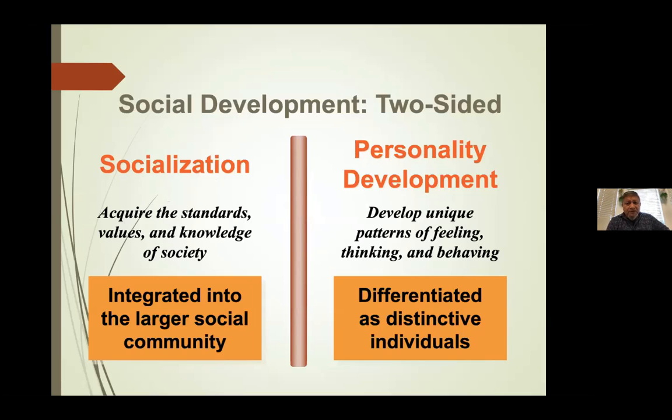But it also has a social component. And the social component has to do with acquired standards, values, and knowledge of a society and integrating into a larger society, a social community. So at the end of the day, what we want is to be part of a community, right? But then there is also the personality component, the development of unique patterns of feelings, thinking, and behavior, right? Differentiated as distinctive for each individual.